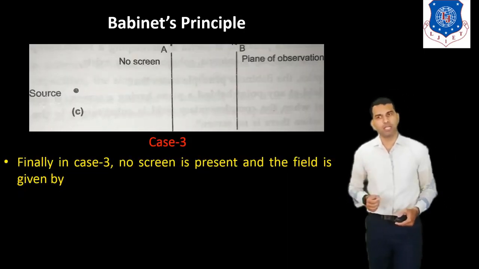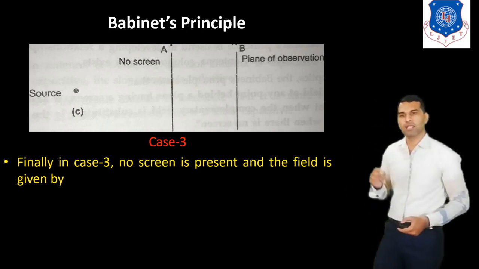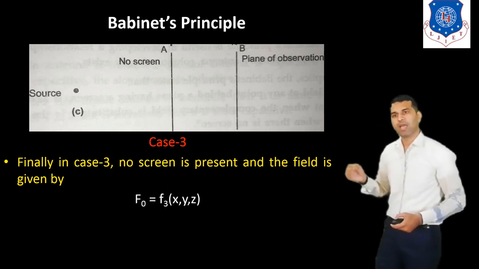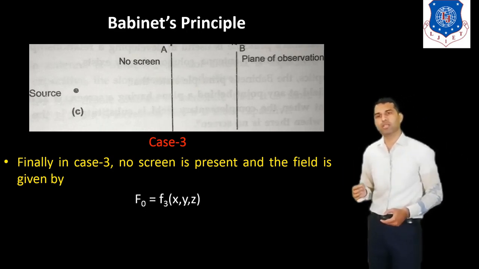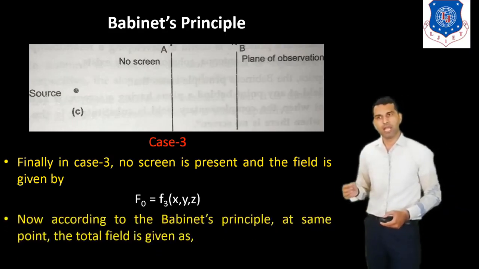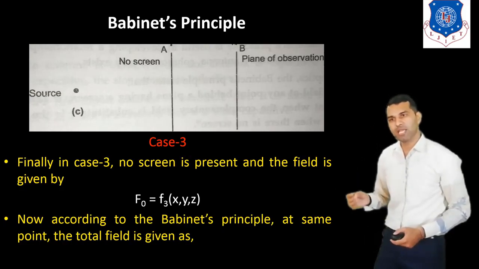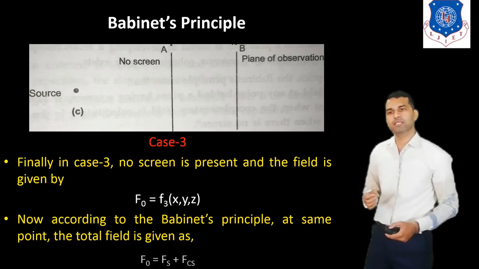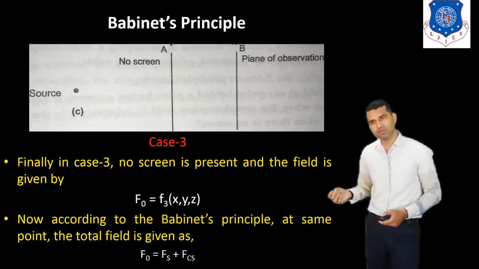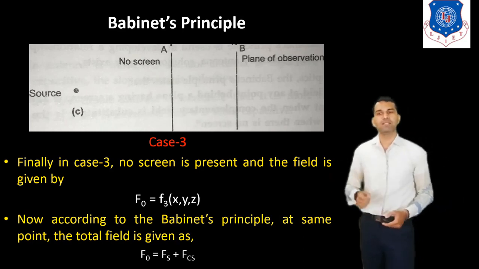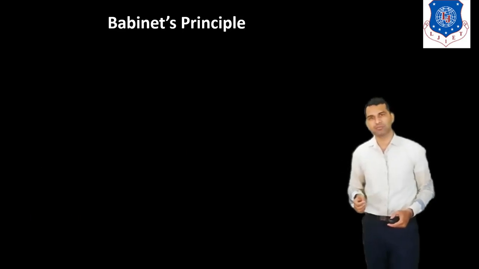Finally, in case 3, no screen is present and the field is given by F0 equals F3(x, y, z). That means according to the Babinet principle, at the same point the total field is given as F0 equals Fs plus FCS.